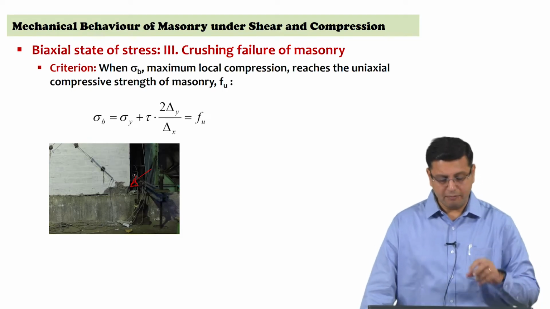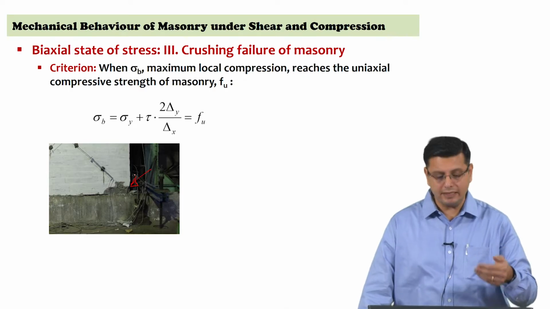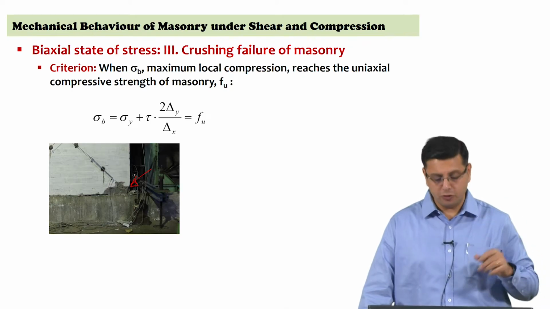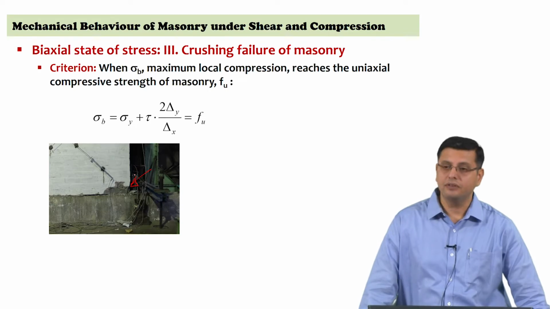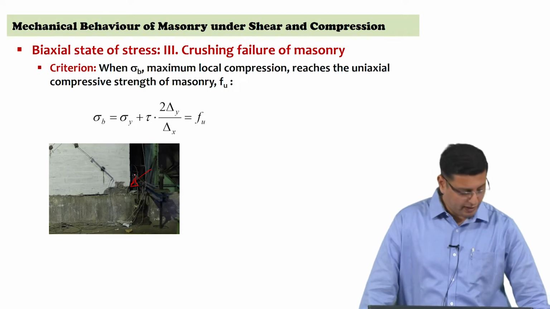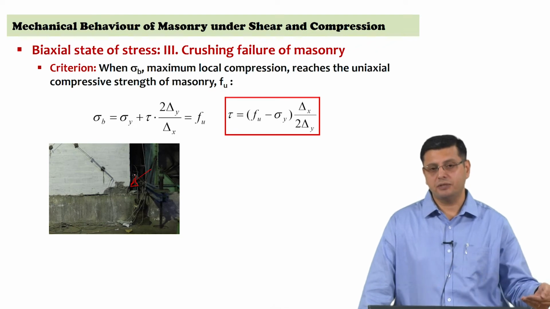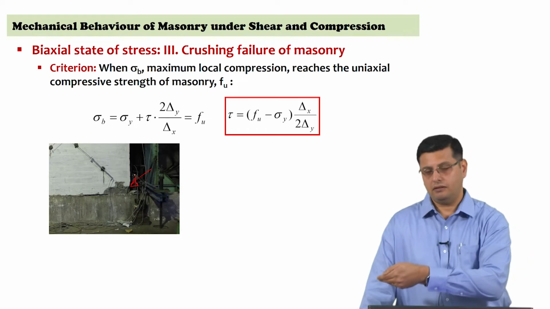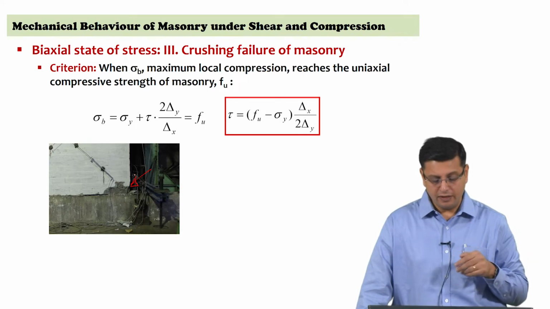So the same expression as before, sigma B here is sigma y plus tau into 2 times delta y by delta x. Delta y by delta x is the geometry of the unit. As it approaches Fu, you have the failure criterion. We rewrite this in terms of tau, and we now have the relationship between the average shear stress and the average normal stress sigma y in the wall itself.